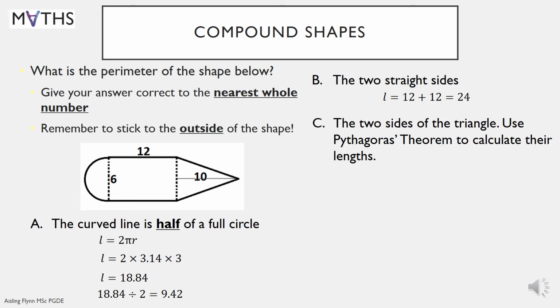Next, we looked at a triangle. The 2 sides of the triangle we need to include. Use Pythagoras' theorem to calculate their lengths, because we're not given their lengths. We're given an internal length there. And we have what I would call its base, the dotted line as well.